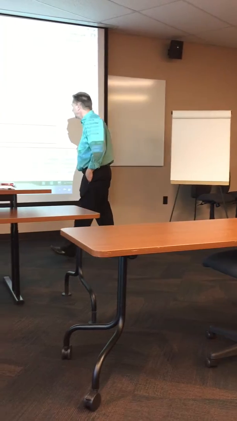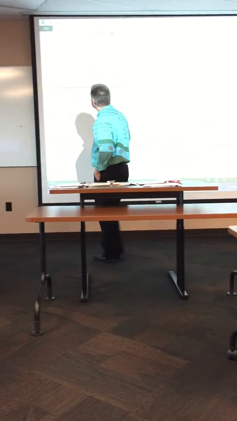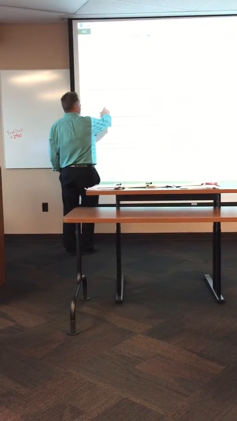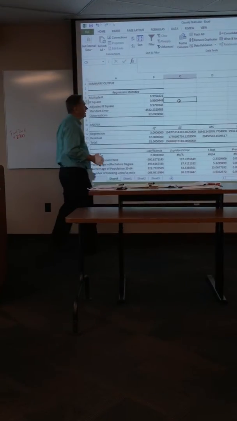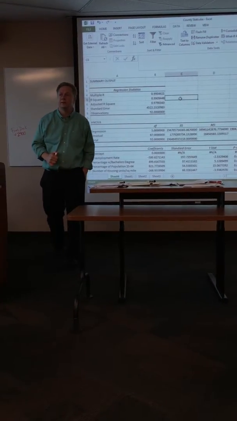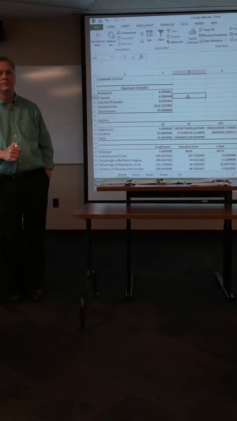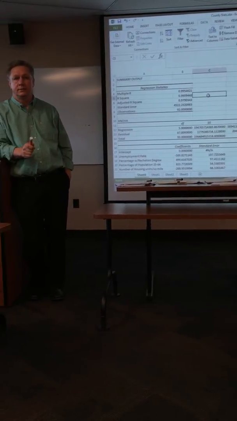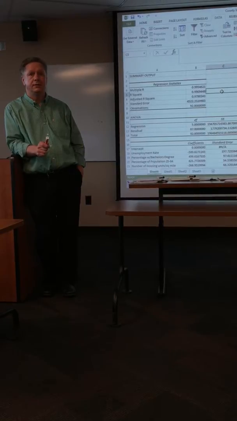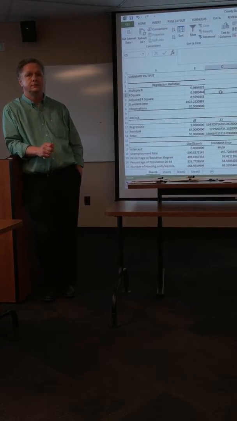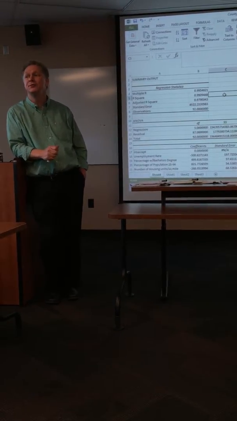Okay. Now, as I look at this, the adjusted R-square is 98%. What does that tell me? What does that mean? Really high confidence. Yeah. Variables you picked. Means I should feel really good at this point.